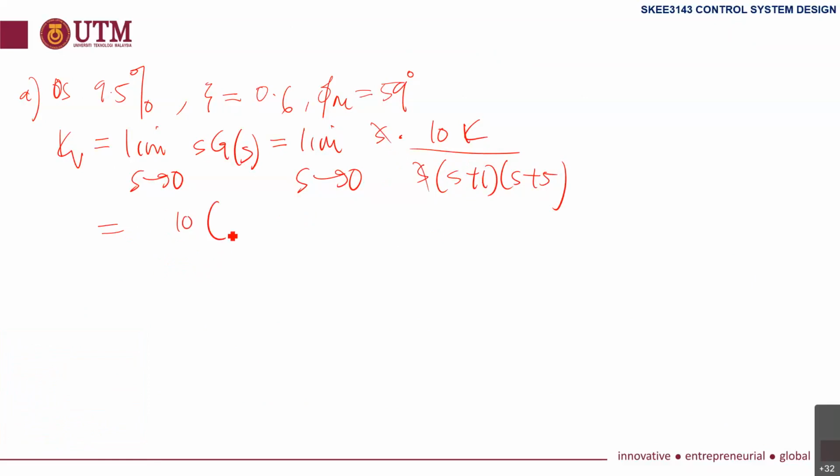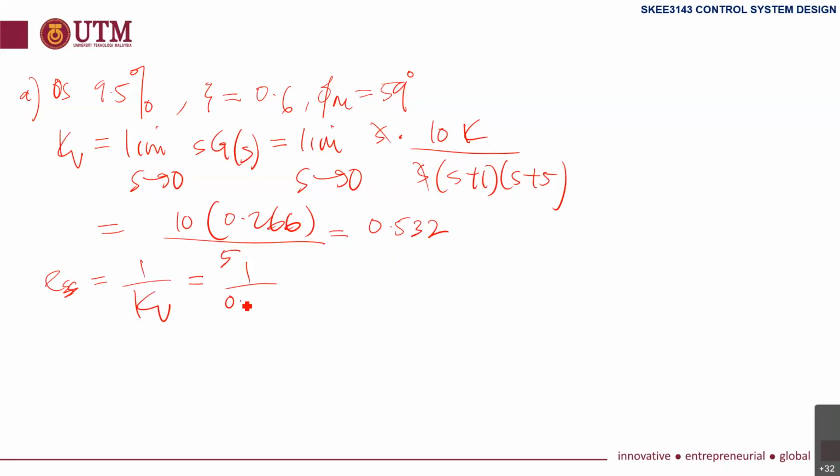So 10 times 0.266 divided by 5 is equal to 0.532. That is KV. Then we can get error. Error is 1 over KV, 1 over 0.532 equal to 1.88. That is the error.